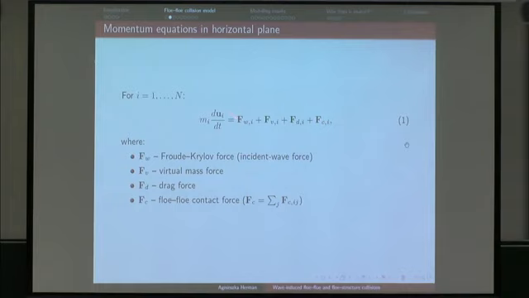The force from the incident waves, the added or virtual mass force, the drag force between the ice and water, and crucially, if we want to simulate collisions, we have to have the contact force between ice floes, which for any given floe is a sum of contact forces from neighbors.